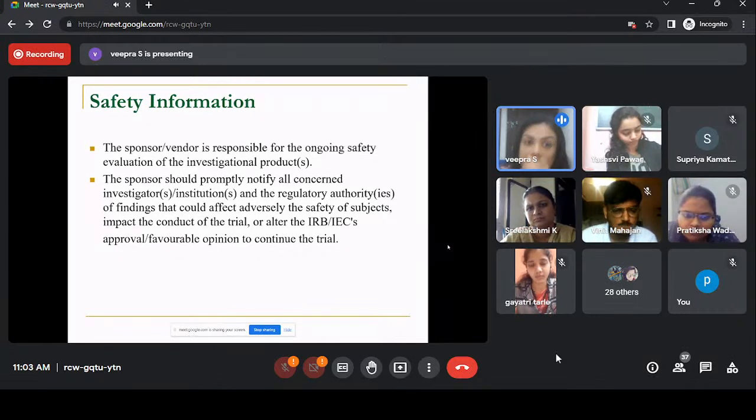By getting this information, the sponsor or the vendor is responsible for the safety evaluation of the investigational product for the entire study.